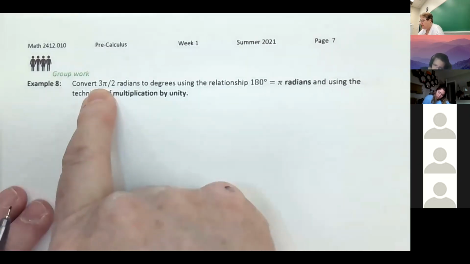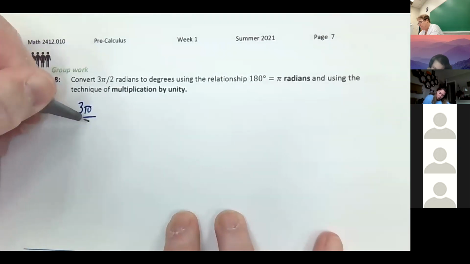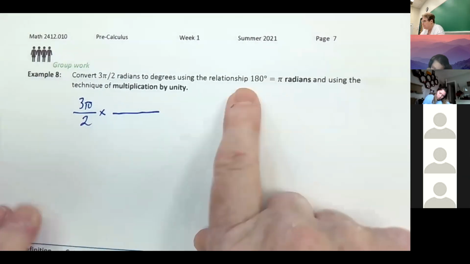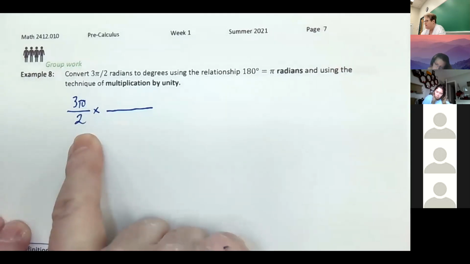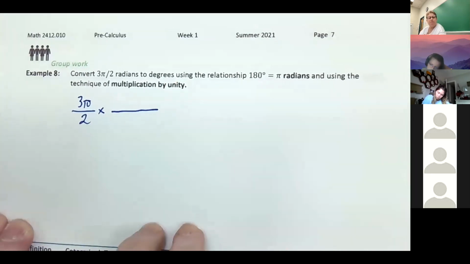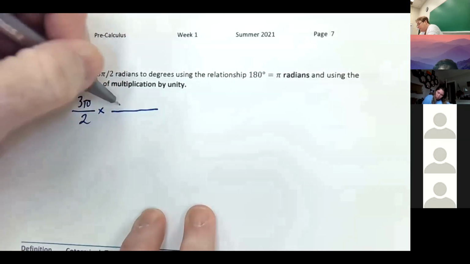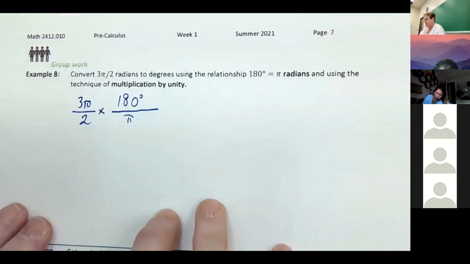Well, let's start with 3 pi over 2. And how do I use this relationship to convert 3 pi over 2 radians into degrees? Excellent. And now what?